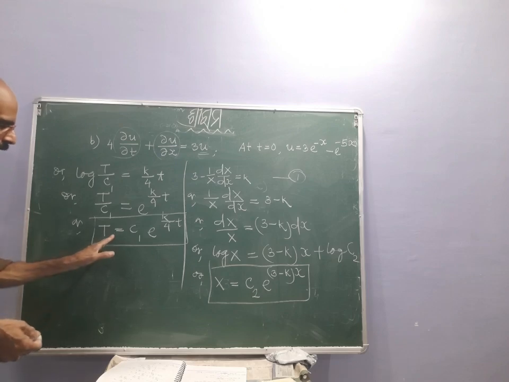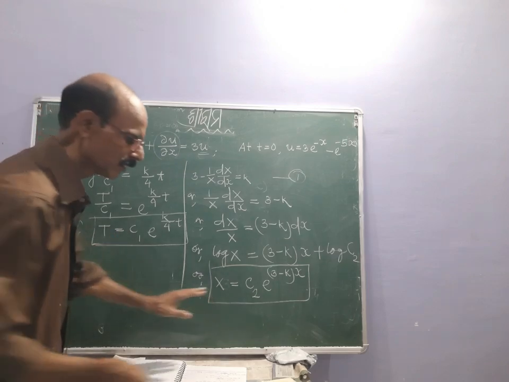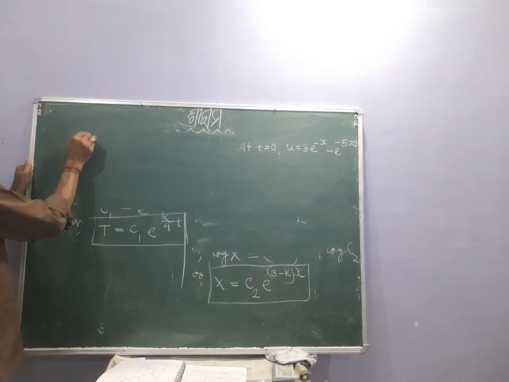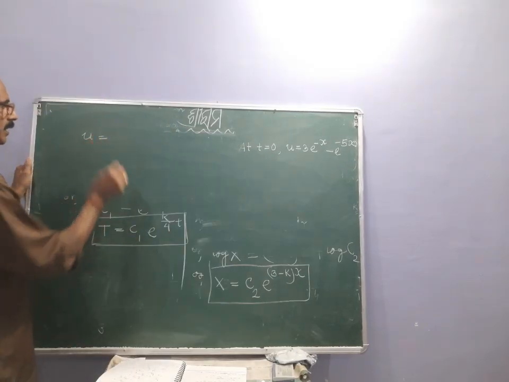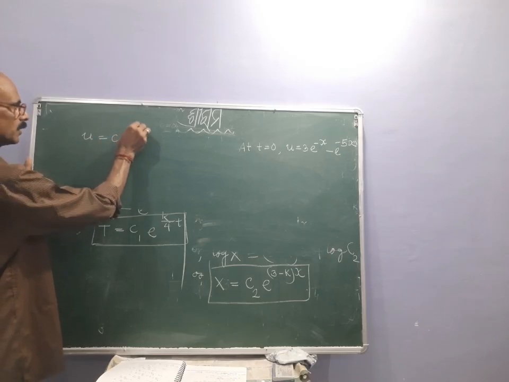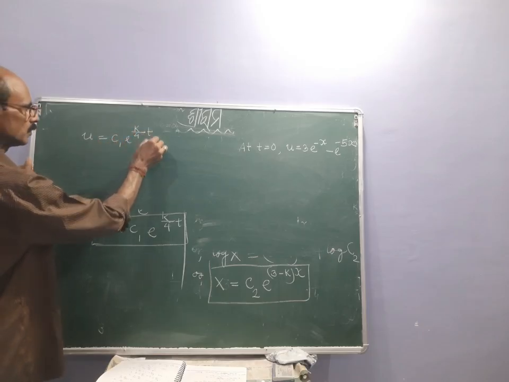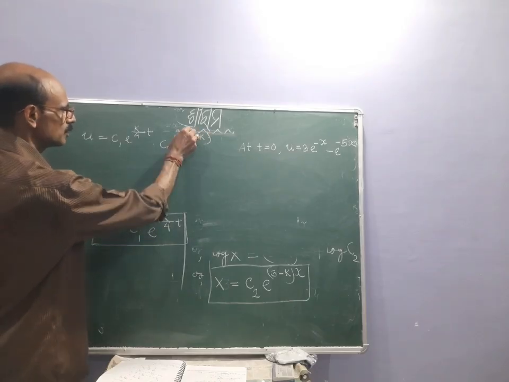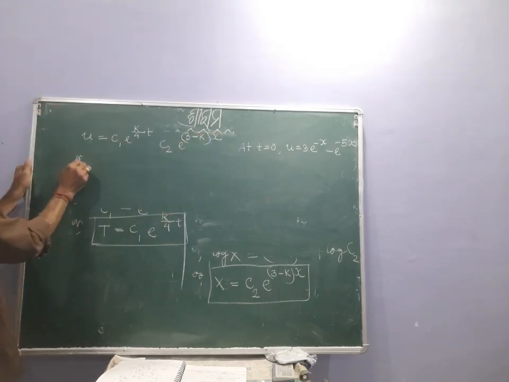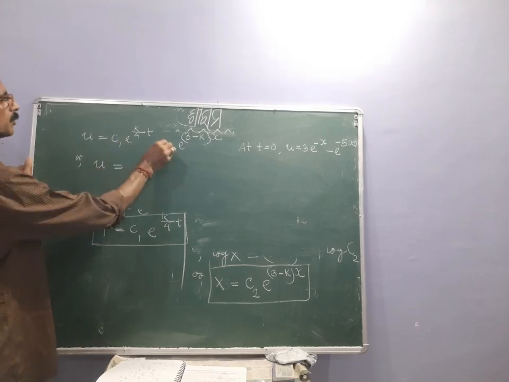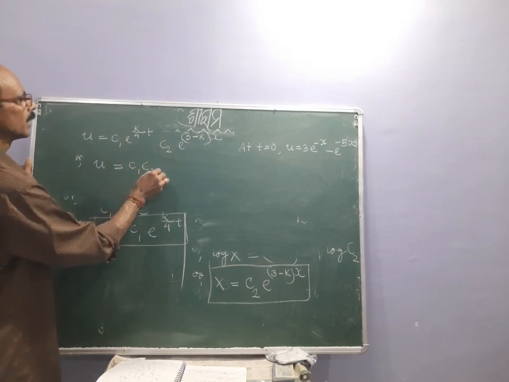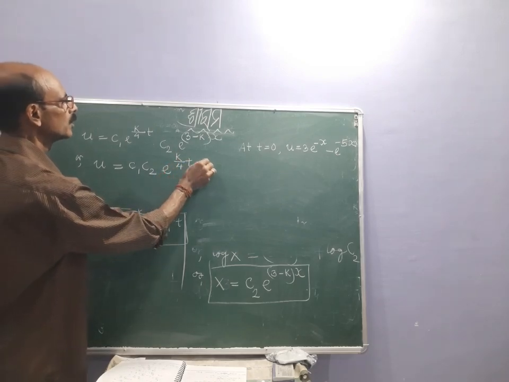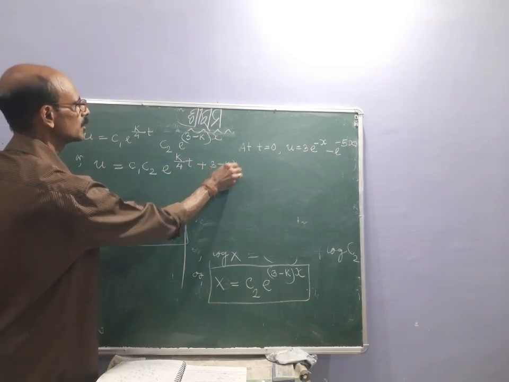Now use the value of T and X in equation 1 and we get u is equal to T into X. In place of T, c1 exponential k by 4t into c2 exponential 3 minus k into x, or u is equal to c1 into c2 exponential k by 4t plus 3 minus k into x.